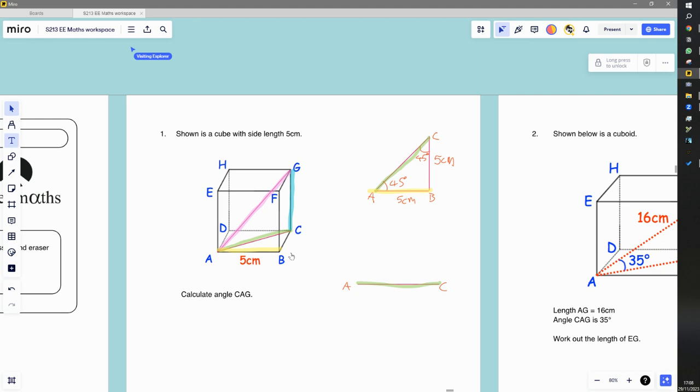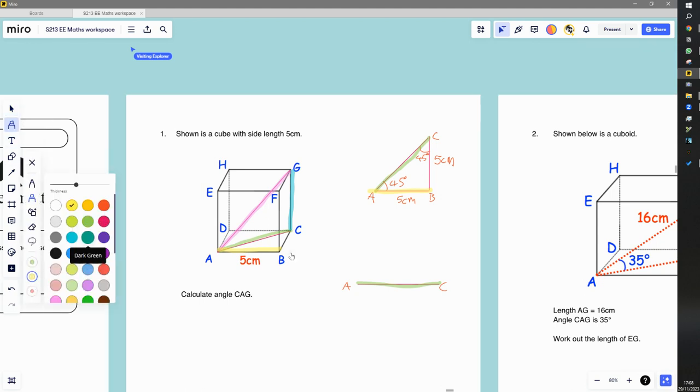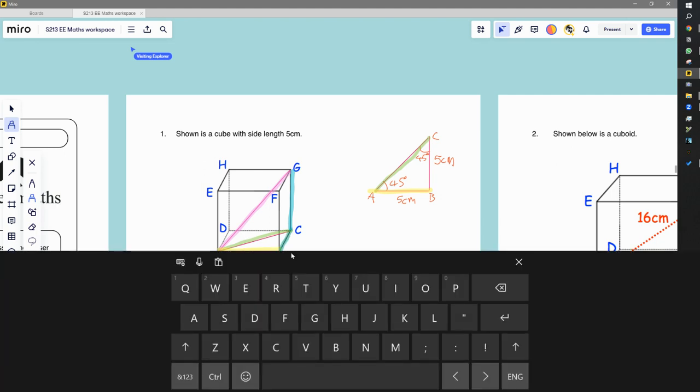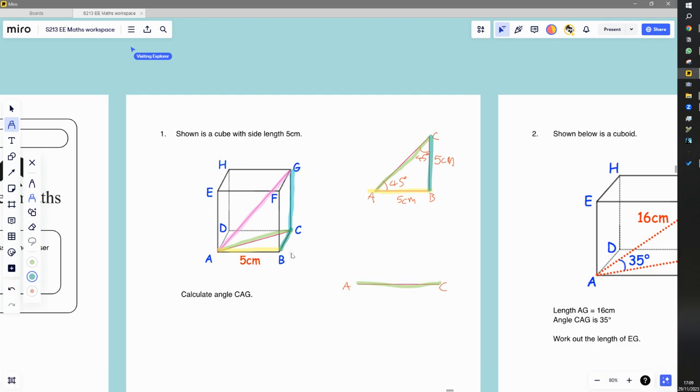And then we want B to C, which I'll do in a different shade of green. Okay, so that's these ones. Yeah, so that's that.